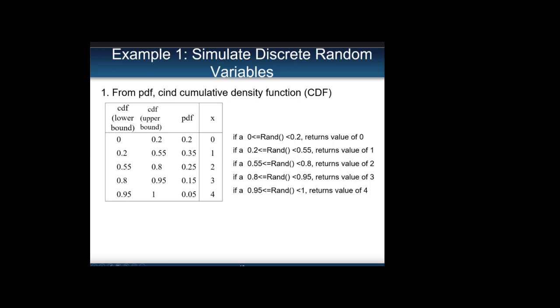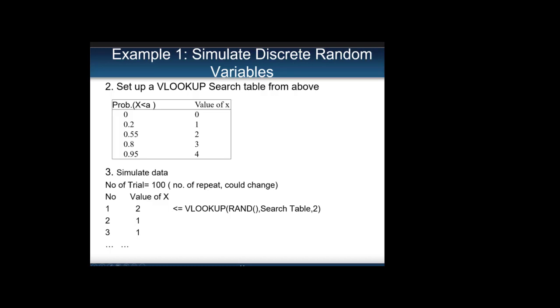If it's between 55 and 80, match 2. Between 80 and 95, match 3; between 95 and 1, 4. You probably see this is very similar to our VLOOKUP table indeed. So we will put them together as a VLOOKUP search table. Now we can use a random generator and the VLOOKUP to simulate the random x right here.